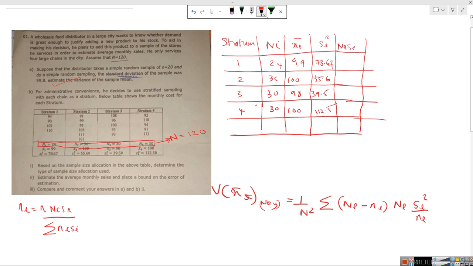So 99 into square root of 78.67. Okay, so that would be equal to 212.87. Then again 100 into square root of 55.6.